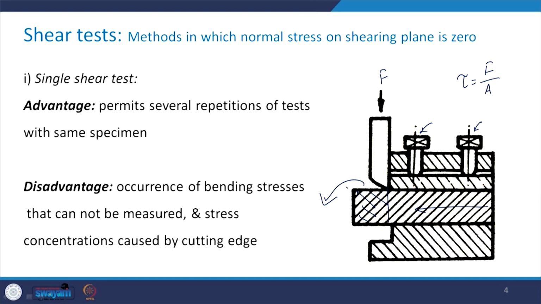Because this end is protruding, there are going to be the occurrence of bending stresses which cannot be measured, and there is going to be high stress concentration caused by this cutting edge in the specimen, which we do not want, because the moment such things happen, we are not going to get the actual shear strength characteristic of this rock, which is not desirable.